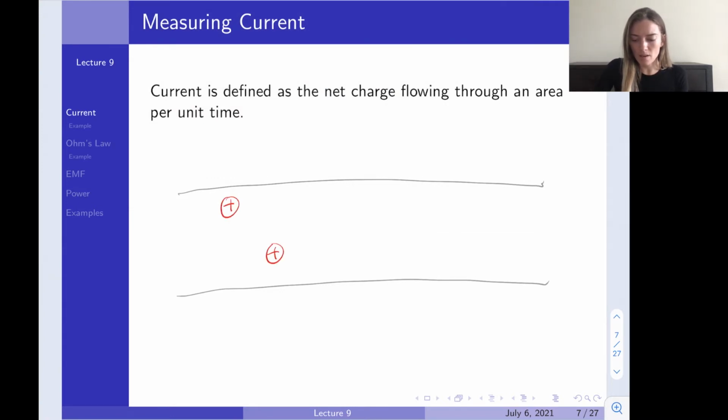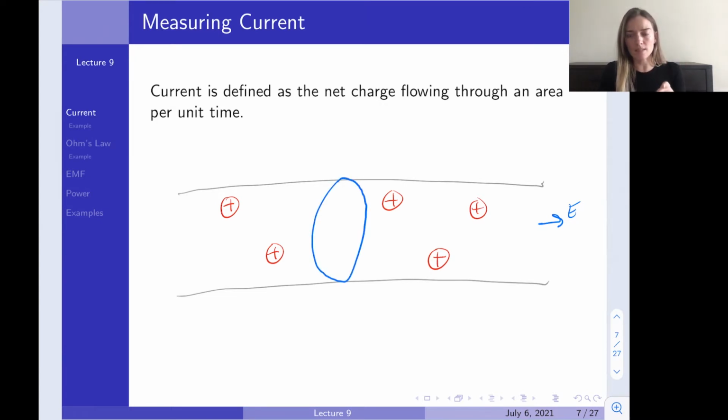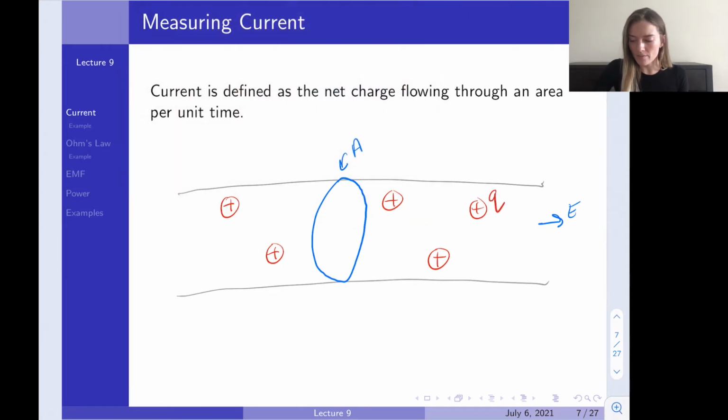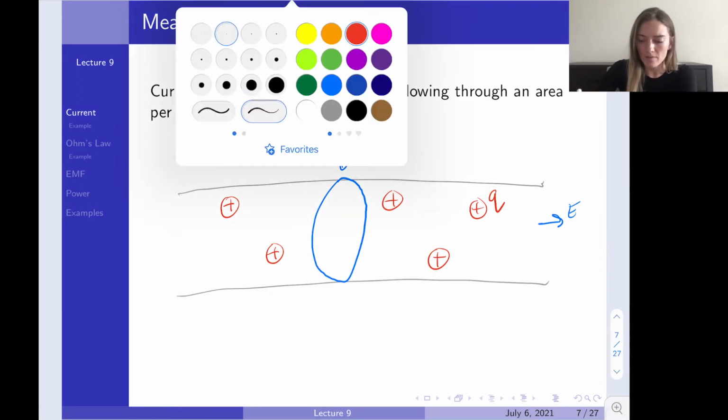Let's say we have some amount of positive charges in this wire, and some electric field here. Then we want to look at just a cross-sectional area of this wire, so just take out one slice. This cross-sectional area has area A. These charges have charge Q on them, and there's some density of charges in this wire. Whatever our metal or material is, there's going to be some density of charge.